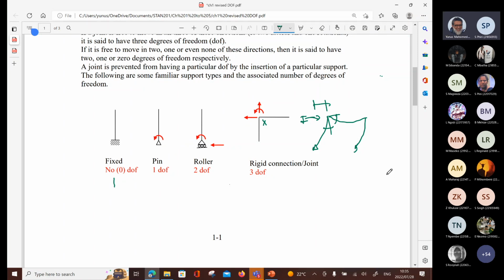One is rotational, and it can move horizontally because the wheels are placed on a horizontal surface. If you had a vertical roller, so if I had a beam and a roller at the end, connected vertically to something, then this will allow movement in that direction.